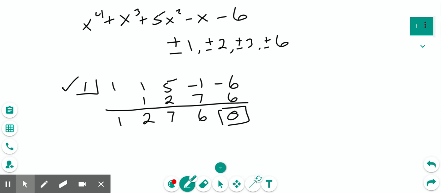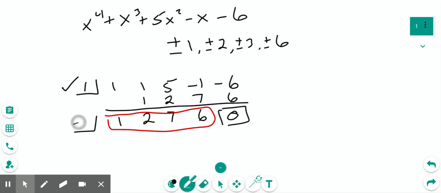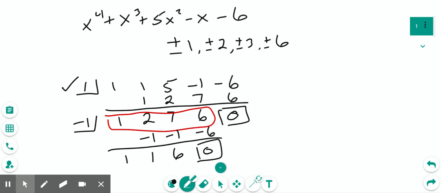So we're going to use this set of coefficients, and let's go with -1 and see if that satisfies this. So -1 times 1 is -1. 2 minus 1 is, so we got -1 here. This is 6. We go -6. Oh, geez, that's great. So we get another 0. So -1 is a solution.